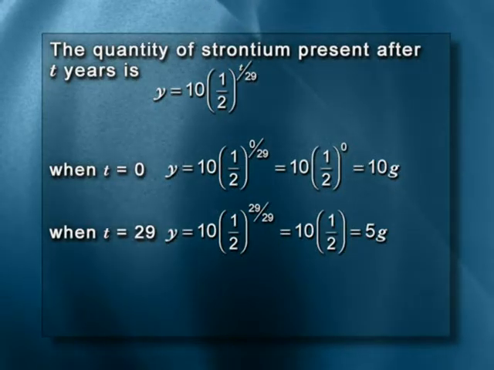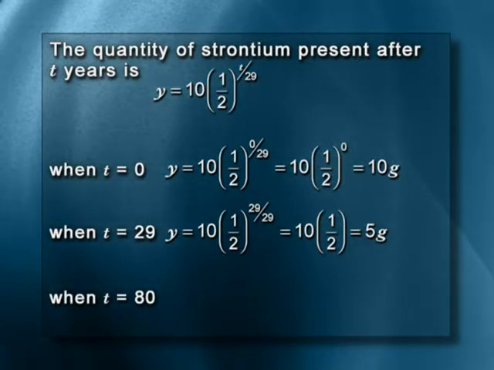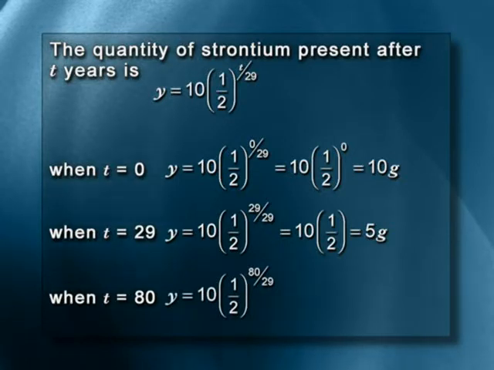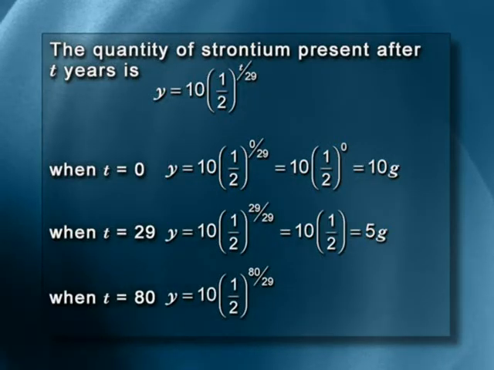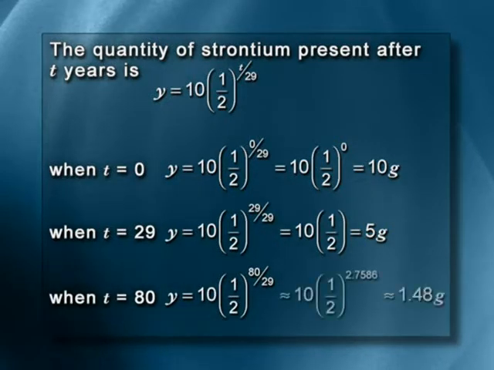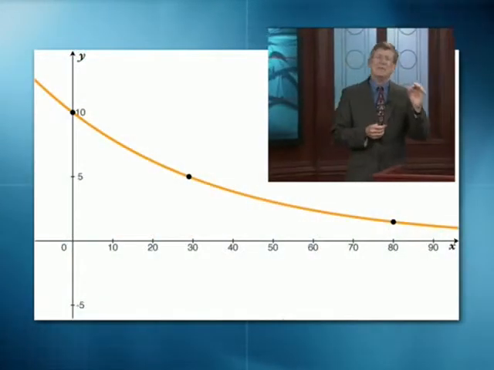You have 5 grams. How much do you have, say, after 80 years? You would just plug 80 into the model. It's 10 times (1/2) to the power 80 over 29. You can't figure that out by hand. You'll have to use a calculator, and you get approximately 1.48 grams. Here's a picture of that model.